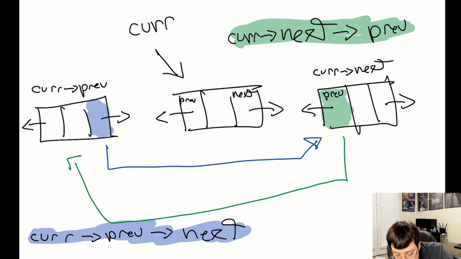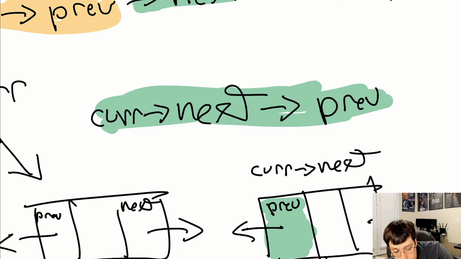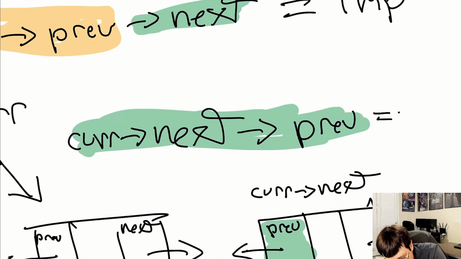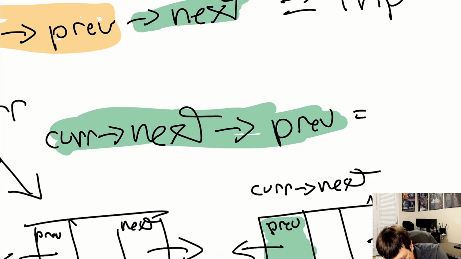So all I need is to make this point here, and that's actually currently at cur next. And for the one up here, what I need to do is make that point to the one before it, which is at cur prev. You might have to rewind the video and watch this little piece again so that it really clicks in as to why this is the case. Okay, it's okay if the first time it's kind of weird.